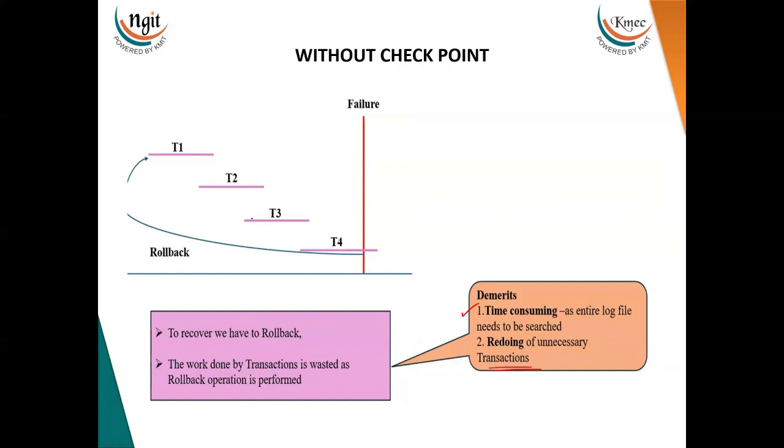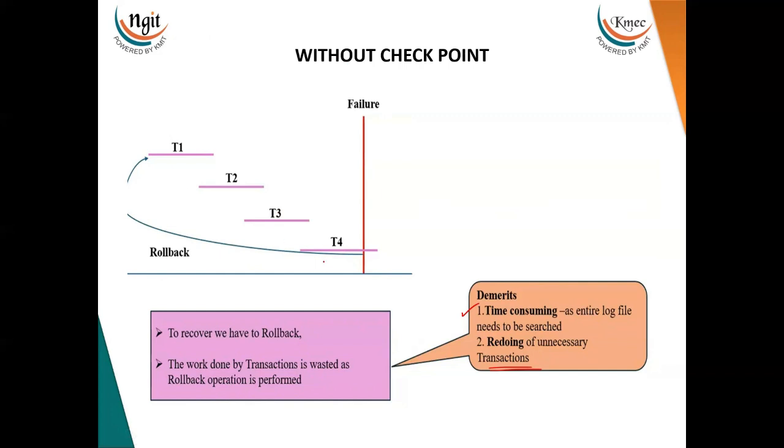There may be more transactions which are almost completed, or some transactions may have completed their execution, and only because of a failure caused by one transaction, all the transactions before that have to be rolled back. You can understand this by seeing this example.